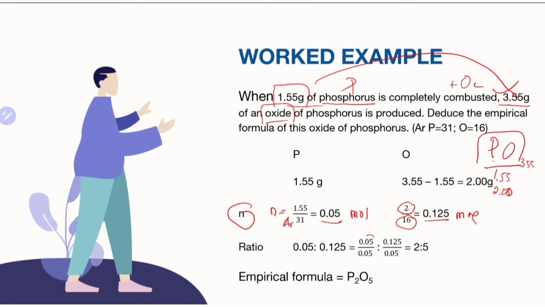Then we get the ratio. How to find the whole number? Divide these two numbers by the smallest. The smallest is this one. So the two numbers are divided by 0.05. Then you get the ratio 2 to 5. So the empirical formula is P2O5.